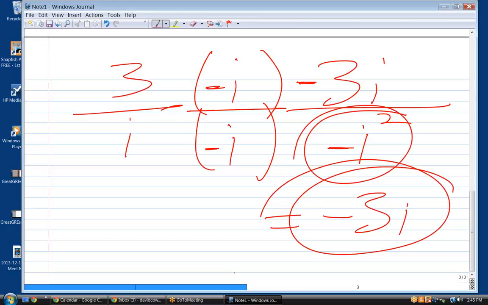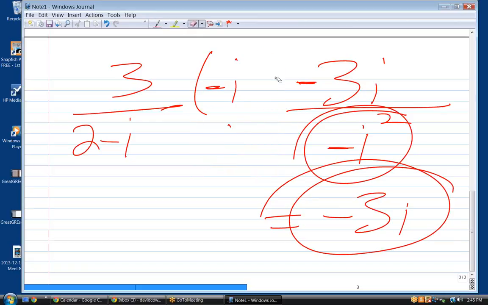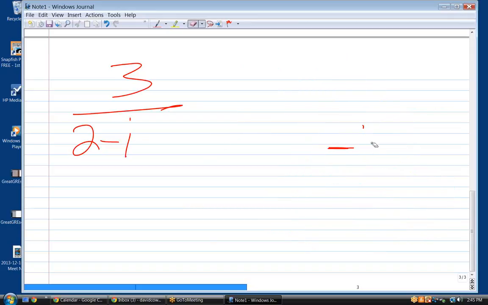So the conjugate is only required when you have a real part to that denominator. If you have something like 2 minus i in the denominator, then the only way to get rid of the i in the denominator is to multiply it by the conjugate.